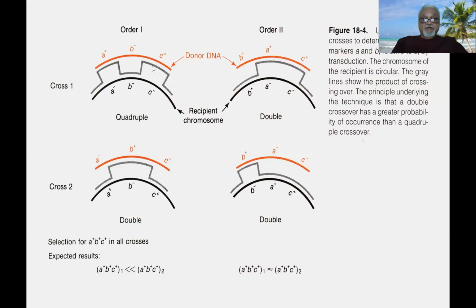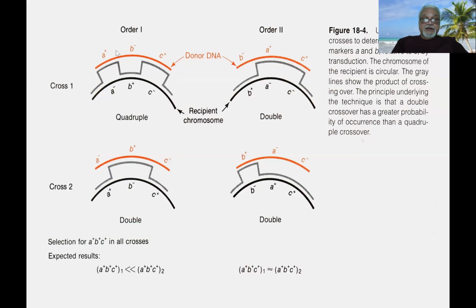Okay, so you need 4 crossovers. And here, to get A plus, B plus, C plus, it means you require only 2 crossovers, or it's a product of double crossover, to get A plus, B plus in this order.